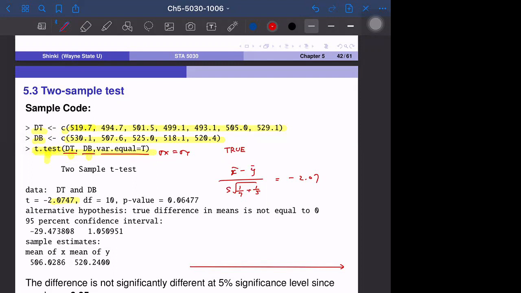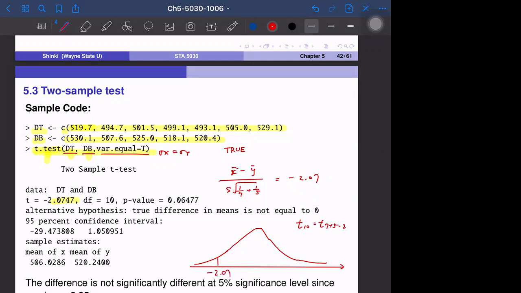So 2.07 is larger than 1.96, so we almost reject the null hypothesis. But the t distribution has a little heavier tail than the normal, so it's not really clear. This is a t distribution with df 10, because 7 plus 5 minus 2 is 10.